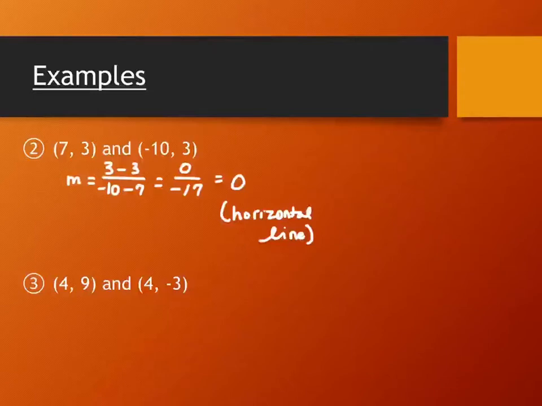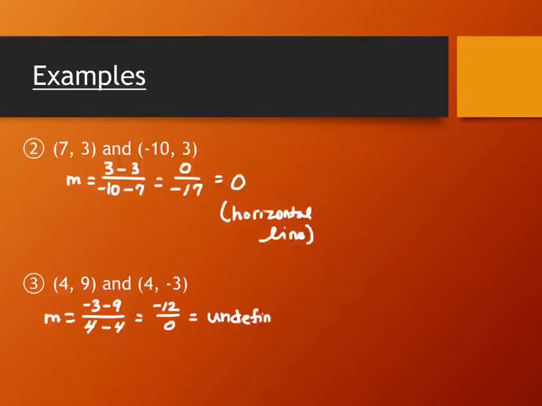All right, and then on number 3, when we calculate the slope, the second y value is negative 3 minus the first y value, which is 9, over the second x value, which is 4, minus the first x value, which is 4. Negative 3 minus 9 would be negative 12, over a denominator of 0. And please do not write down that this value is 0, because it is not. Negative 12 divided by 0 is what we would consider undefined.